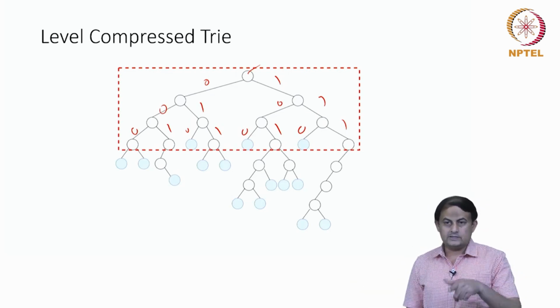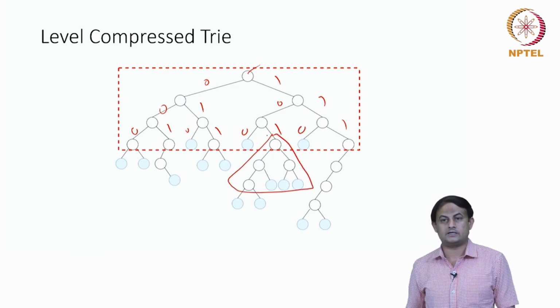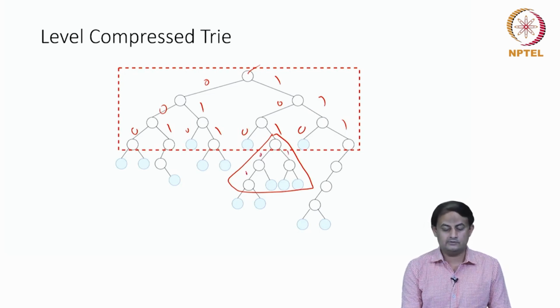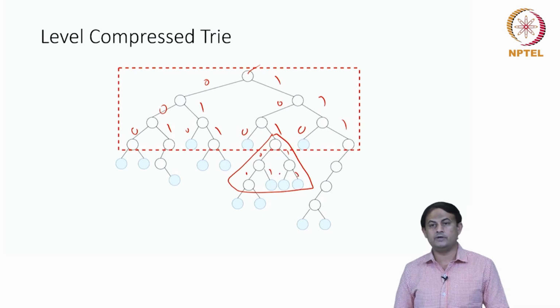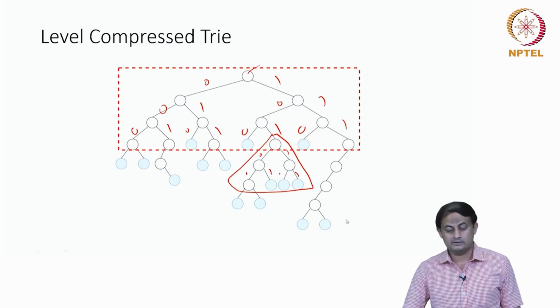So in this diagram, this is one subtree, and starting from this node, there is another substructure which is also complete in nature. So it is 0 1 0 1 0 1. Every node has got two children. This is again a complete tree.